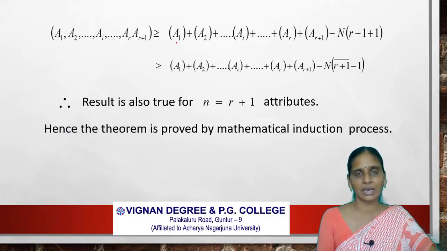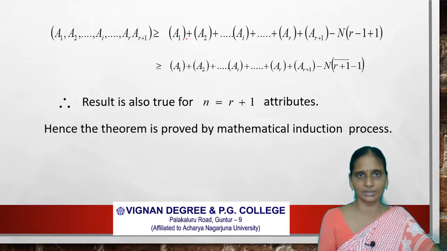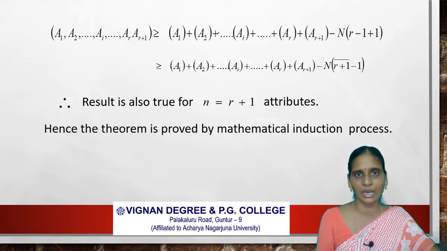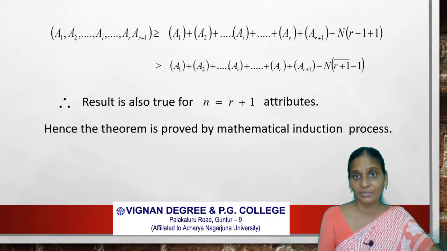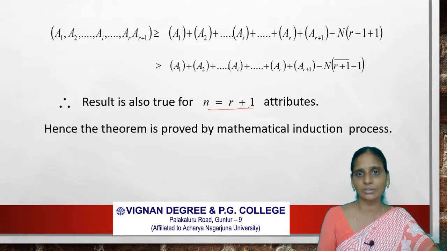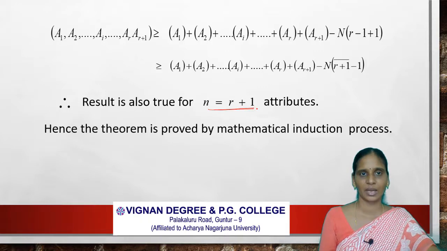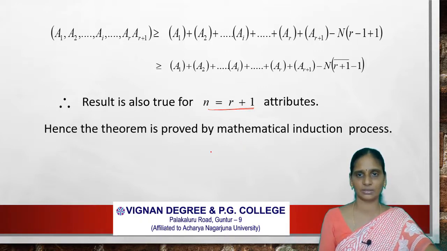Now arranging the attributes in a proper order: frequency of a1 plus frequency of a2 plus and so on frequency of ai plus and so on frequency of ar plus and so on plus frequency of ar plus 1 minus n into (r minus 1) plus 1. So this result is also true for n is equal to r plus 1 attributes. Hence the theorem is proved by the mathematical induction process.